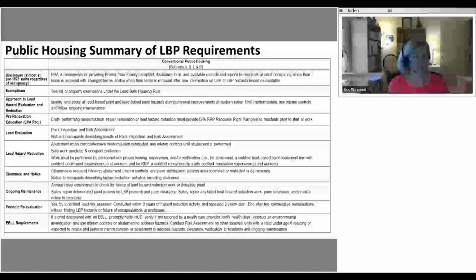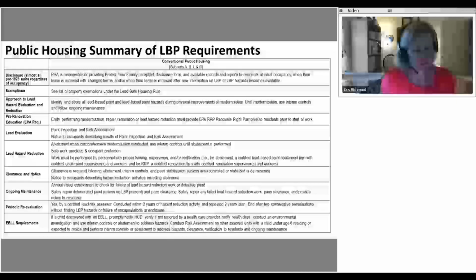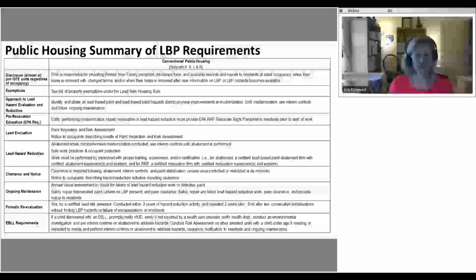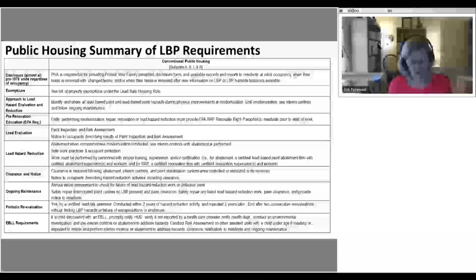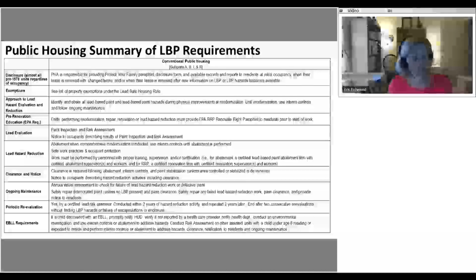When I was working in my office before we closed down for the pandemic, I'm still at home. If you got on early, you heard us talking about our new office opening. I actually had next to my wall these different summary charts. So we have a different summary chart for each subpart. This is the one for L, for public housing, and I had it next to my desk, and that's usually where I'd start when someone would call me, or we're providing TA, or we're developing a product.